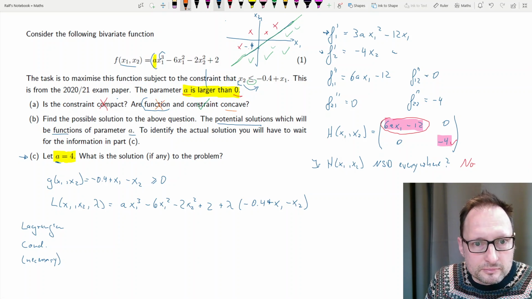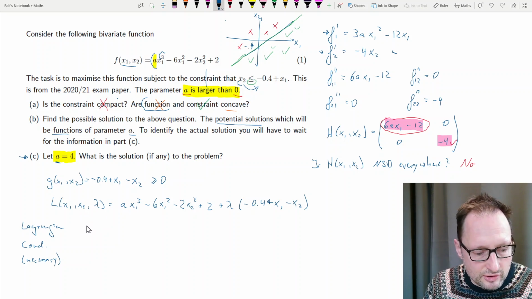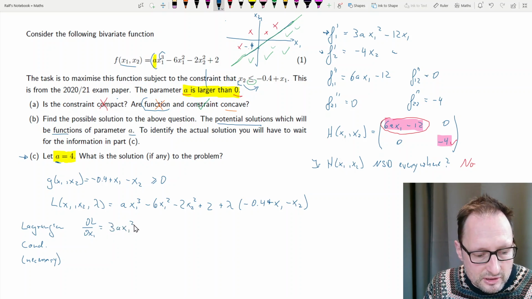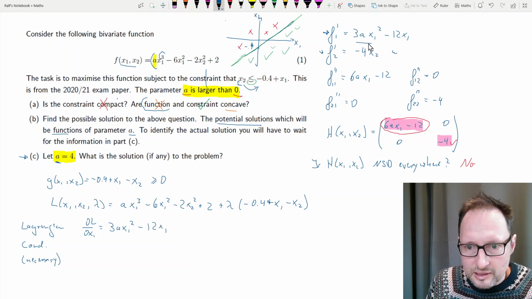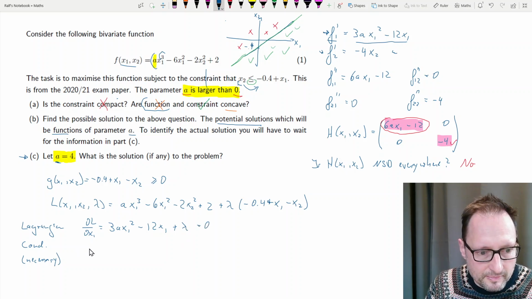Okay, so here they are, it's the partial derivative of L with respect to x1. So we get here 3a x1 squared minus 12x1. That is basically what we just had up here. And now we have a plus x1 here and the lambda, so it's plus lambda. And this has to be equal to 0.